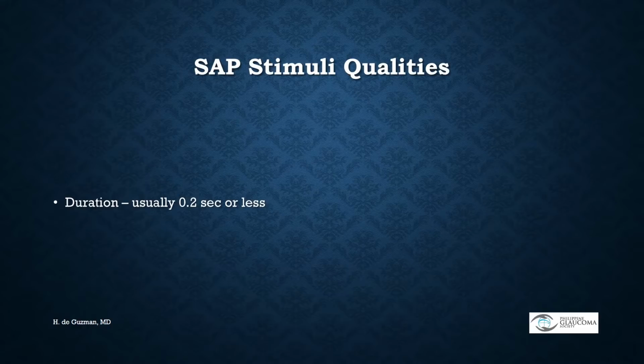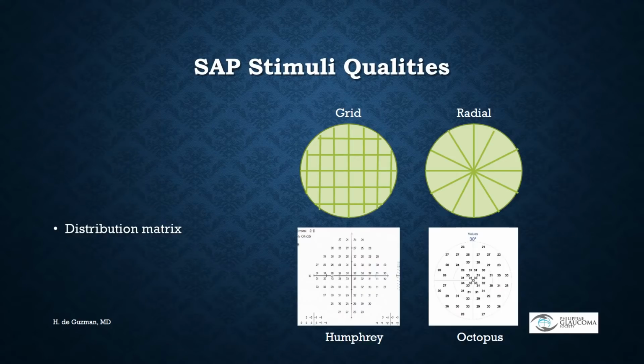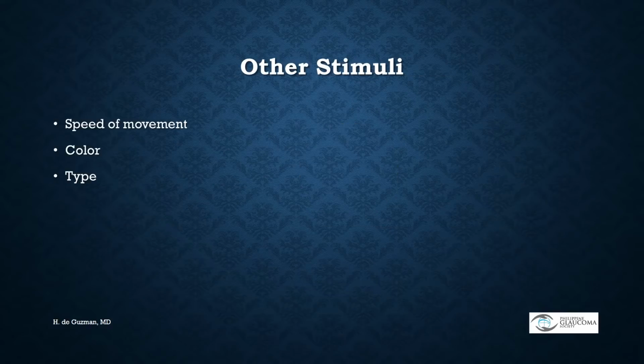The duration of an SAP stimulus is usually 0.2 seconds or less. And the distribution matrix varies depending on the machine. So the Humphrey uses a grid type, while the Octopus uses a radial distribution. The stimuli of other types of subjective perimetry have other features that are not seen in standard automated perimetry stimuli, such as speed of movement in kinetic perimetry.